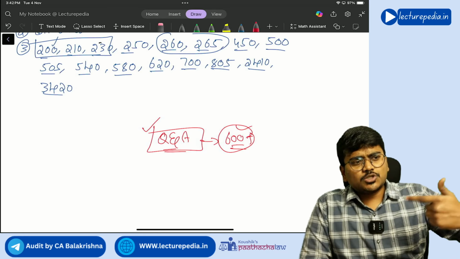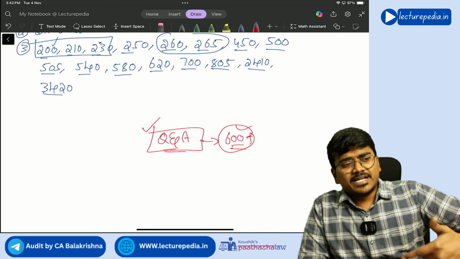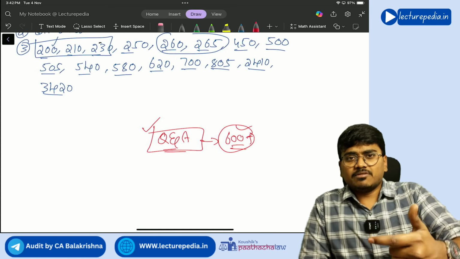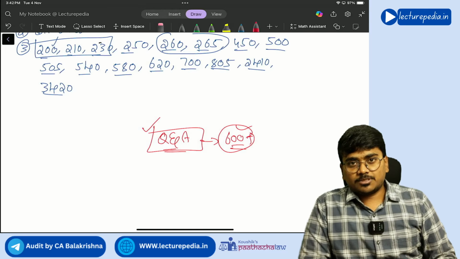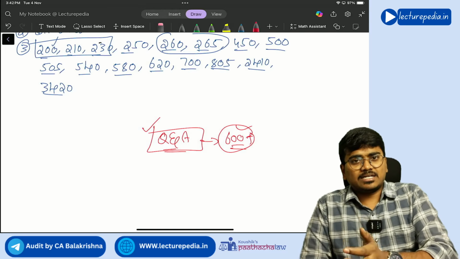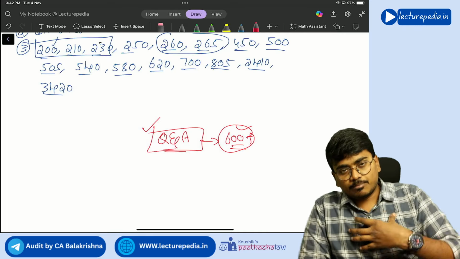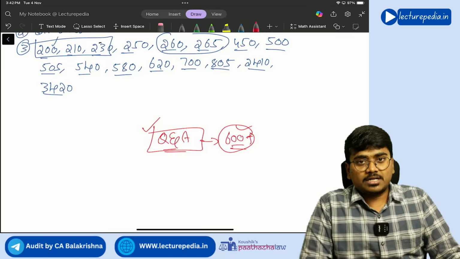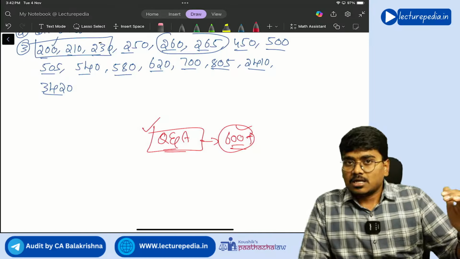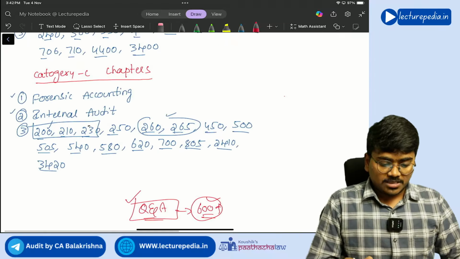But once you go through the concept on your own and read it twice or thrice, you will get to know which term is the key term for that concept. If you are not able to identify them, you can take help of some books. In my audit concise book, I have highlighted all the key terms in red color. If you want, you can take benefit of that also, right?